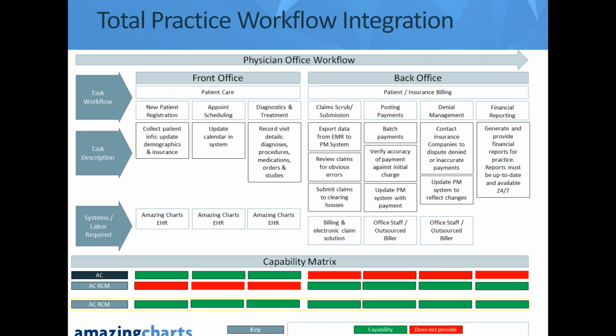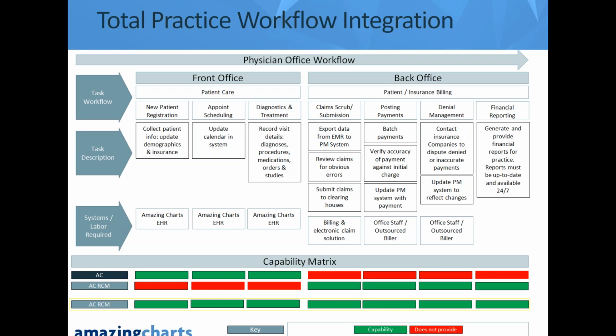We have front office functions, which are the functions that happen in your office and are directly related to patient care. And then we look at what are called back office solutions, and those are the things that happen in our office, and that's basically us managing the insurance billing and the collection piece. So if you look at that, we've got new patient registration, which is a critical piece, obviously, of any new patient coming to the practice.